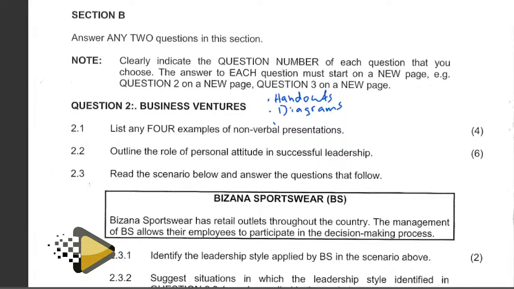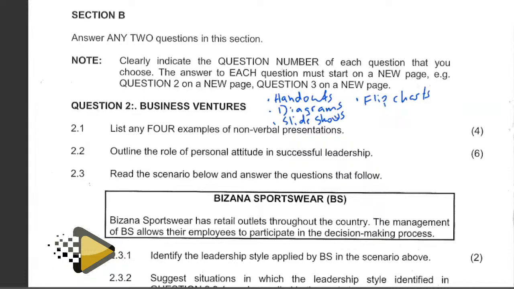And also you can just use slide shows. When you use them, you can actually do your presentation without even uttering a mere word. And also we have what we call a flip chart. A flip chart also can actually be used as a non-verbal presentation.